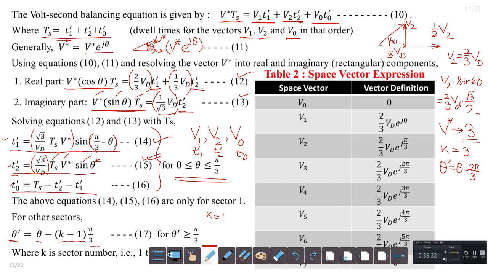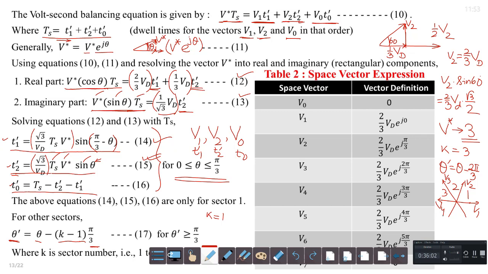So, as you can see, this is sector 1, sector 2, sector 3. This is V1, this is V2, this is V3 and this is V4. In sector 3, the reference voltage is generated by V3, V4 and V0.